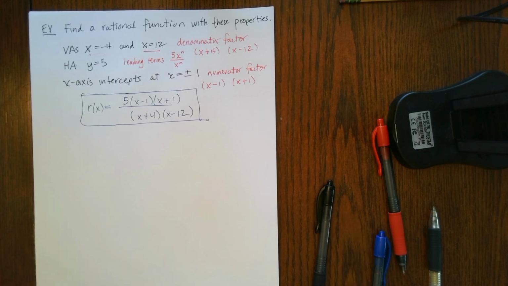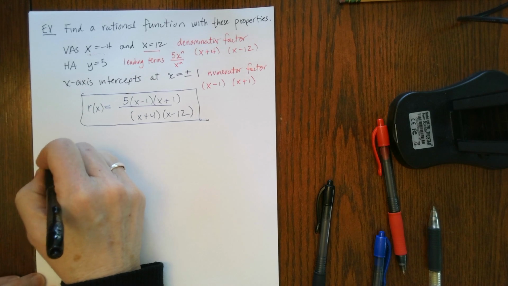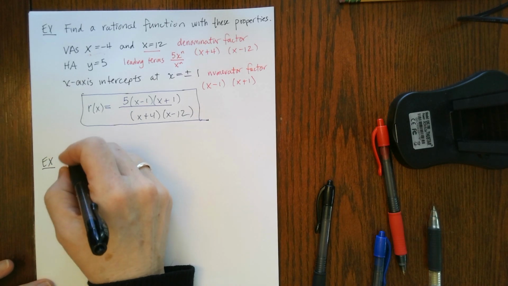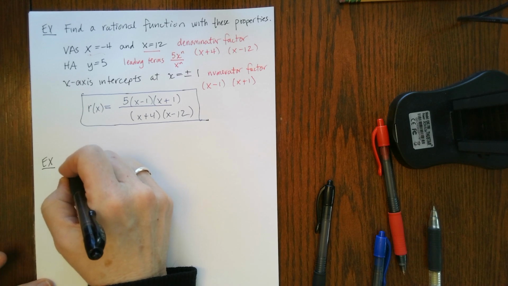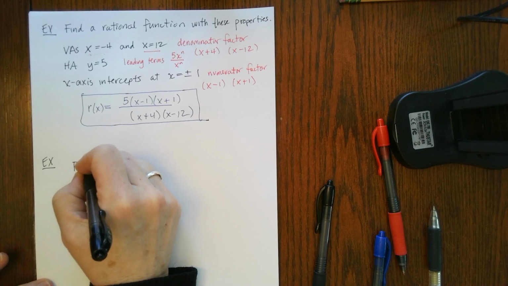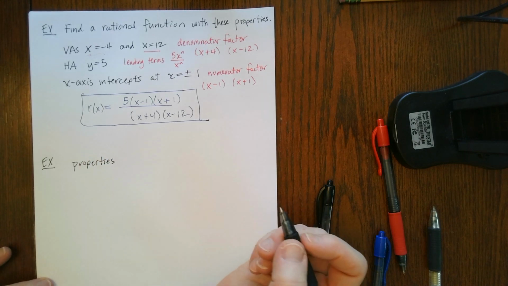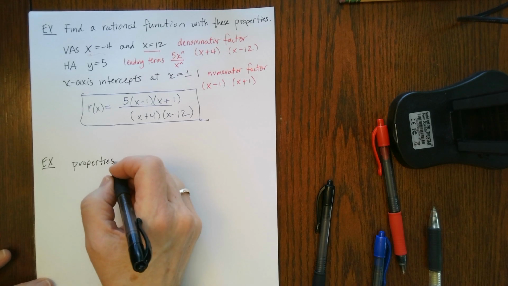Okay, let's look at another example. Suppose that you have these properties. So find another, a different rational function with these properties.